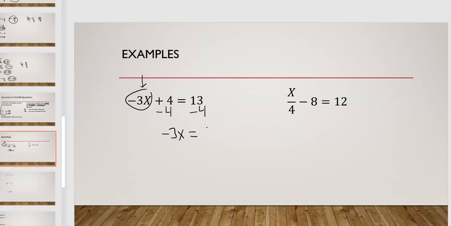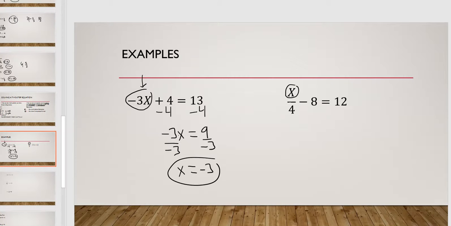So negative 3 times x equals 9. And then to get rid of the multiplication of negative 3, we're going to divide both sides by negative 3. So x equals negative 3. That is our solution.